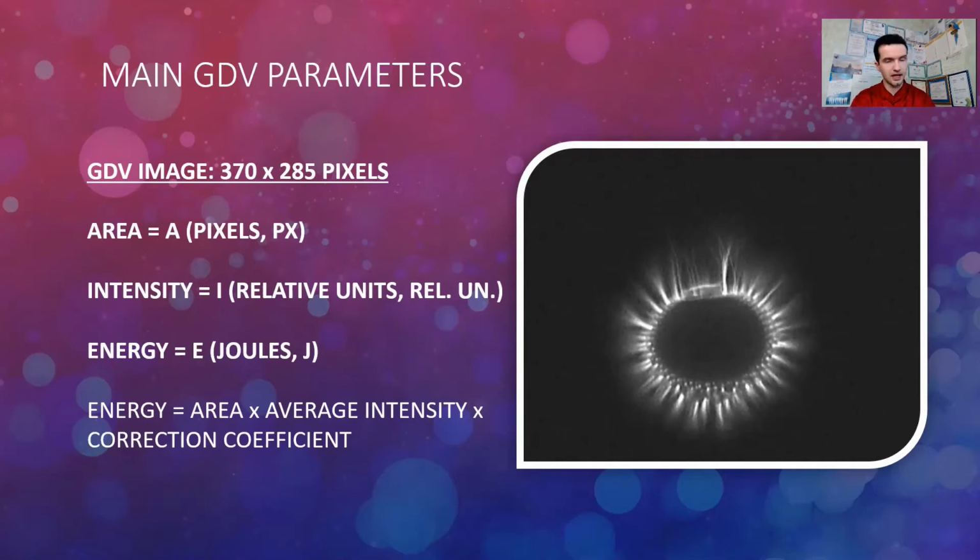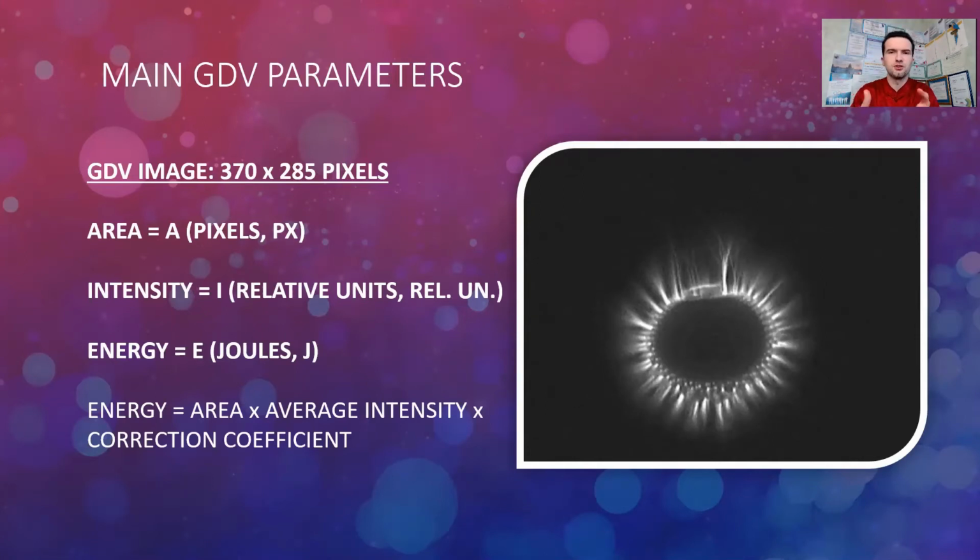So if you take the calculator and calculate 370 times 285, you will get 105,450 pixels. So this is the standard number of pixels in the images that you get in the software.